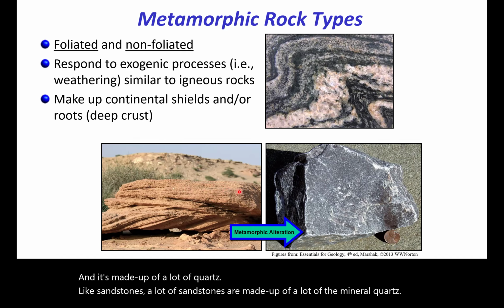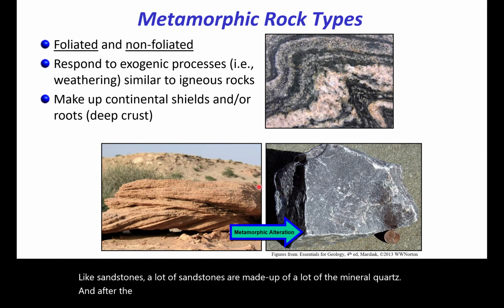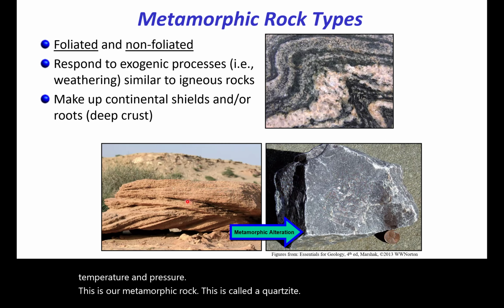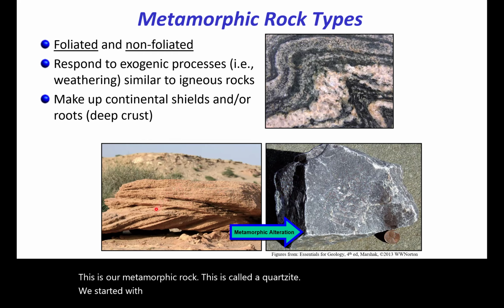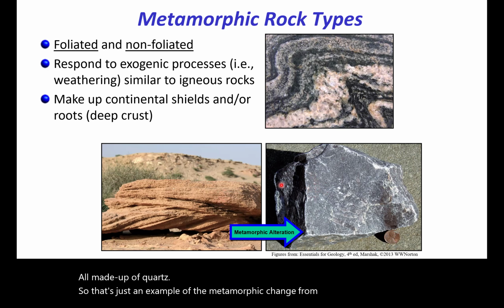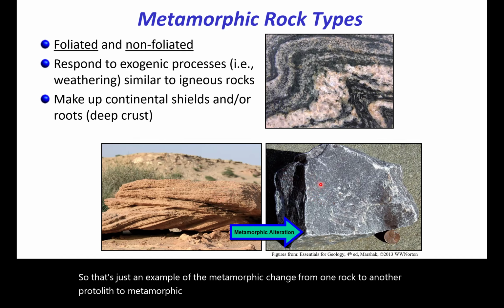And after the metamorphic reaction, that elevated temperature and pressure, this is our metamorphic rock. This is called a quartzite. We started with a sandstone made up of a lot of quartz, and we end up with a quartzite, all made up of quartz. So that's just an example of the metamorphic change from one rock to another. Protolith to metamorphic, or parent rock to daughter rock.